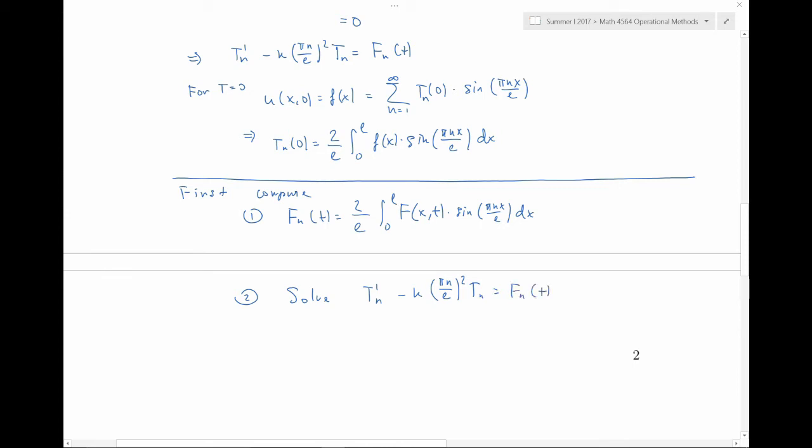These are non-homogeneous equations, and sometimes solving non-homogeneous equations, even such simple ones as the first order non-homogeneous equations, may be a little bit difficult. Each one of those equations has to be supplied with an initial condition, which we compute as a sine series coefficient to make up the function f of x at the initial time t equals 0.